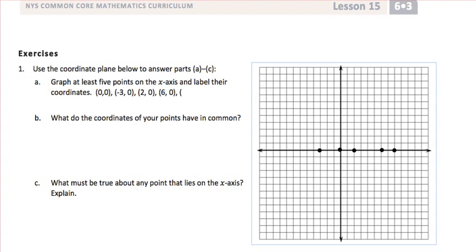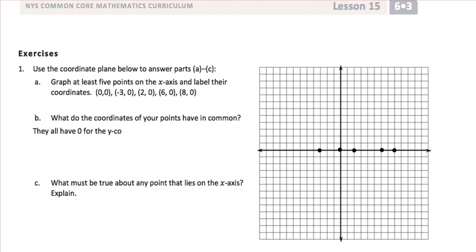And finally, I have a point at 8, 0. So what do the coordinates have in common? Well, they all have 0 for the y-coordinate. So what must be true about any point that lies on the x-axis? If it's on the x-axis, then the y-coordinate must be 0.